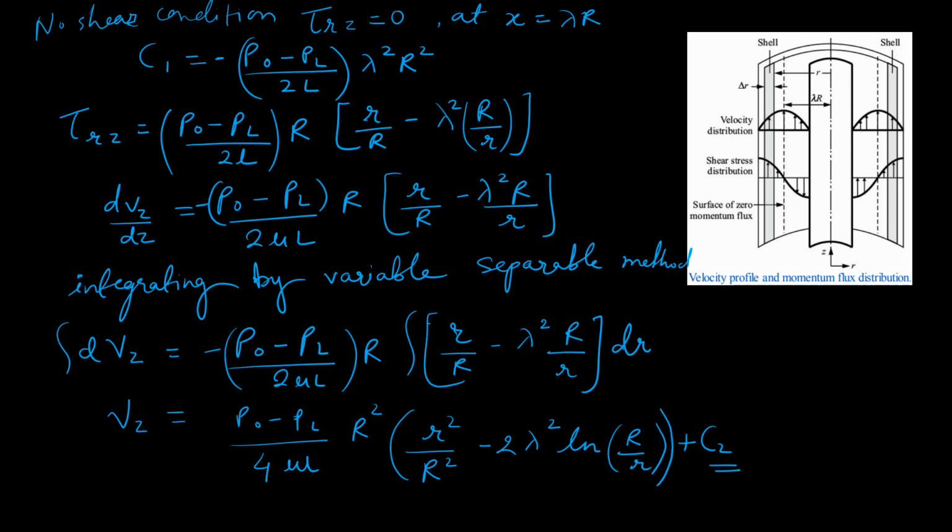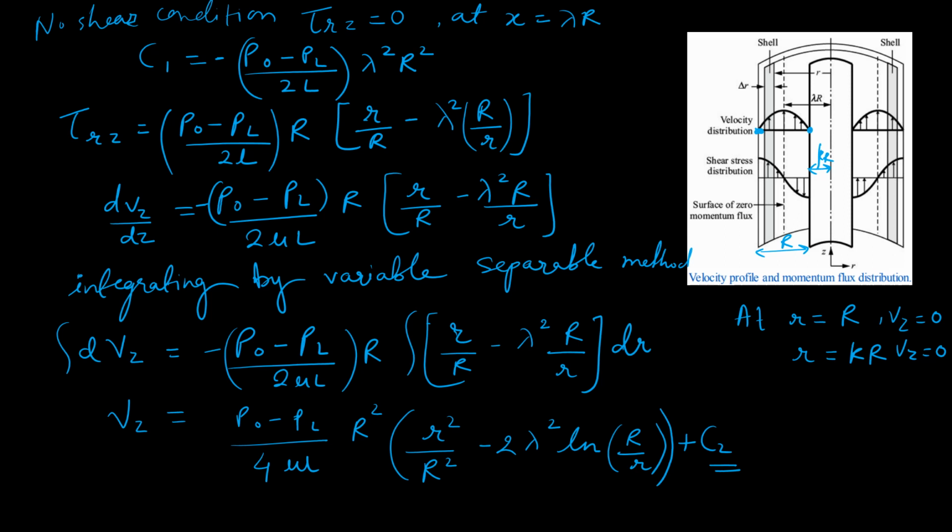So to find the value of C2, there are two boundary conditions, at r equals R and at r equals kR. The velocity at both conditions is 0. Here you see, Vz equals 0 for both conditions.